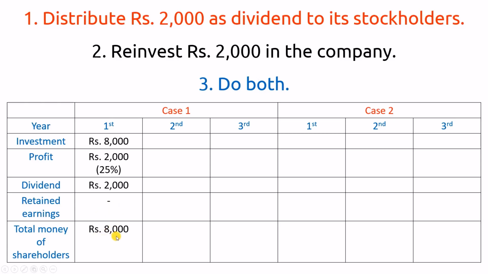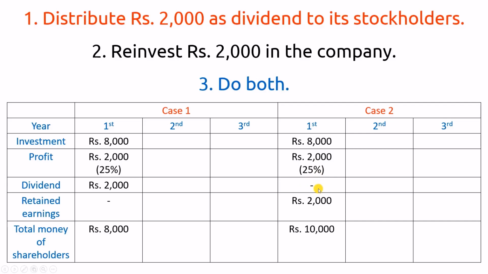So the total money of the shareholders is 8,000. Investment is 8,000, total money is 8,000, because nothing has been reinvested back. The profit is given as dividend. That's all. Next, let us see what happens in the first year if the company follows the second option. 8,000 rupees is investment, and let us take the same percentage as profit, 2,000.